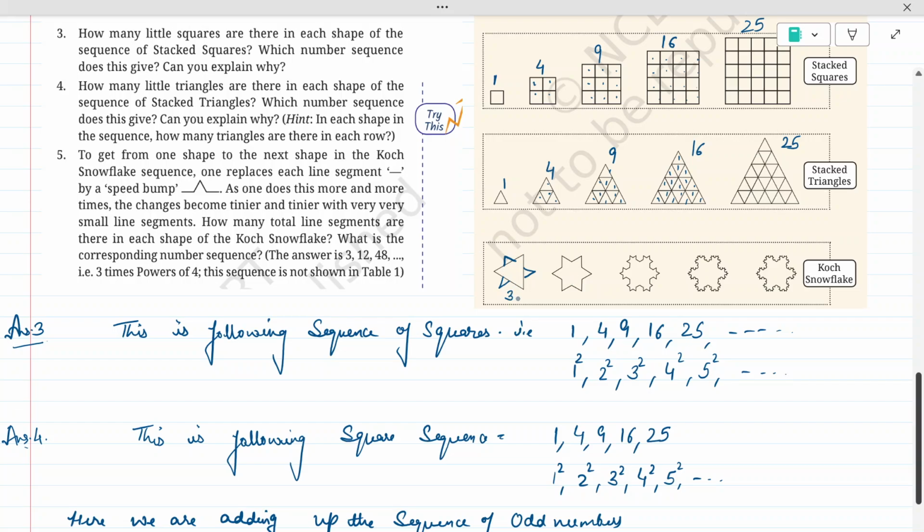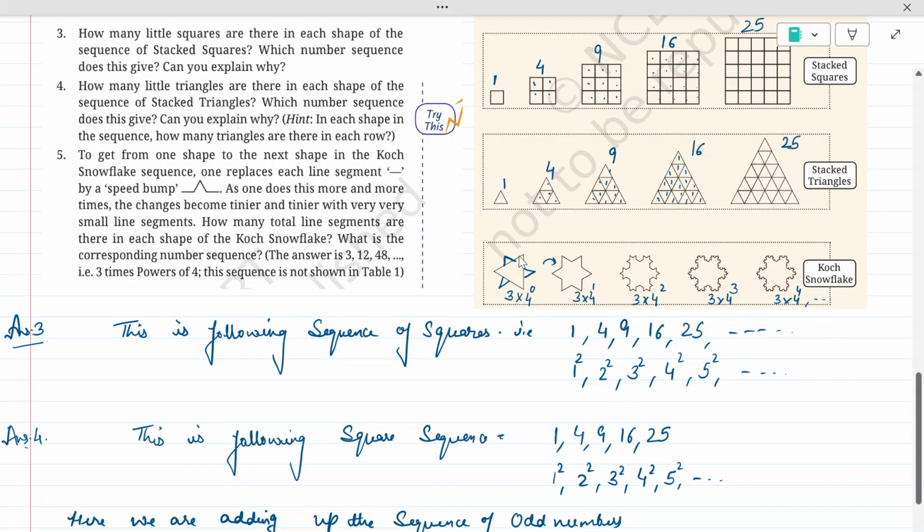So the first one I can write as 3 multiplied by 4 raised to the power 0. The second shape is 3 times 4 to the power 1, then 3 times 4 raised to the power 2, then 3 times 4 raised to the power 3, then 3 times 4 raised to the power 4, and so on.